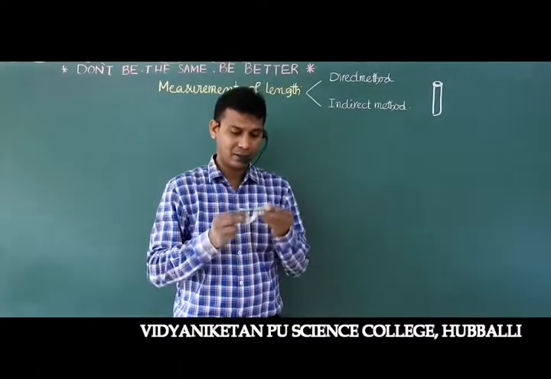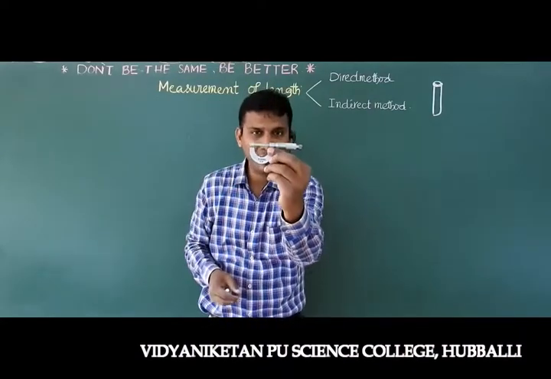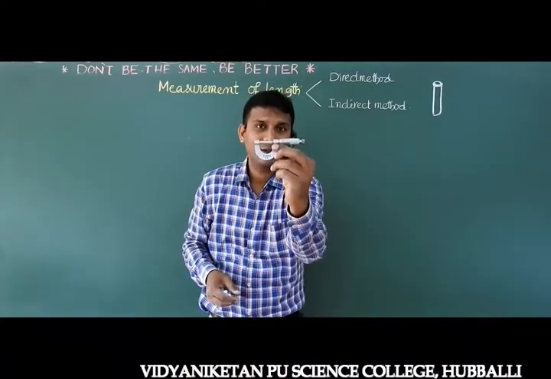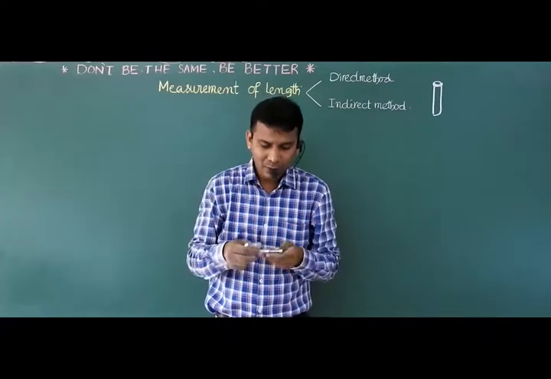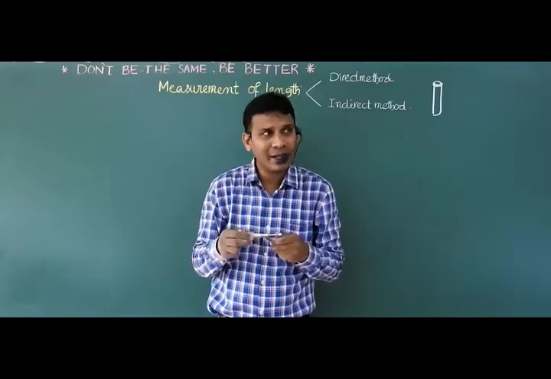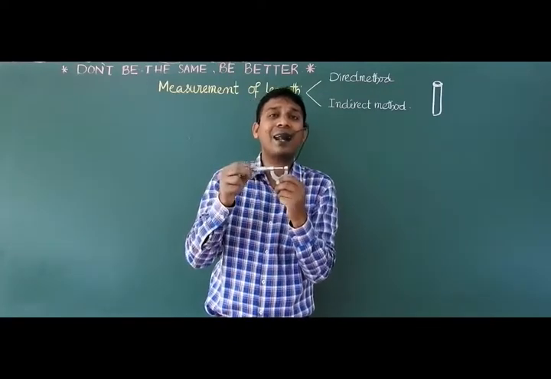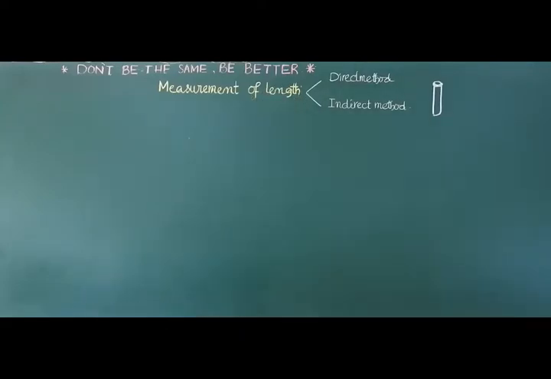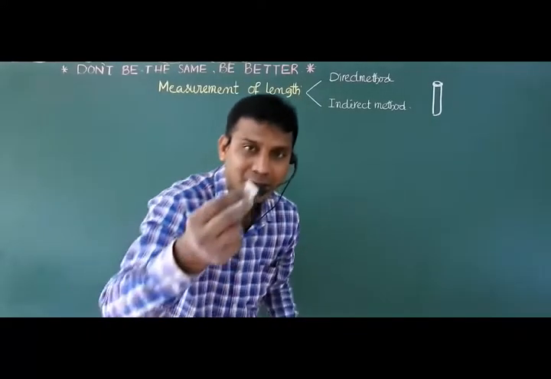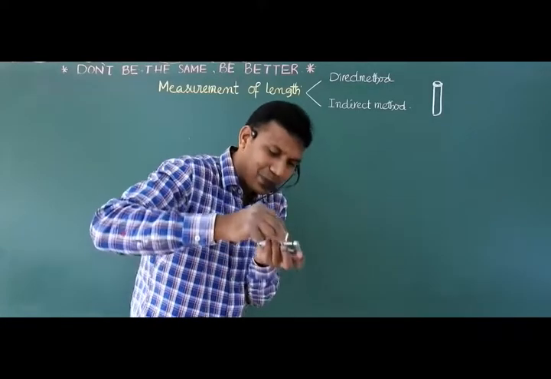Next one is screw gauge. Sir, what is the use of screw gauge? Screw gauge is used to find the thickness of a glass plate. For example, this is a glass plate.